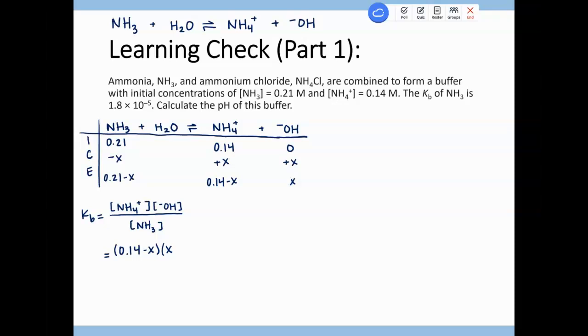So now plugging in the equilibrium expression for each substance: NH4 plus and OH minus in the numerator, and then NH3 in the denominator.